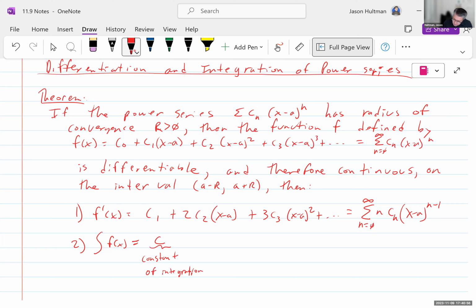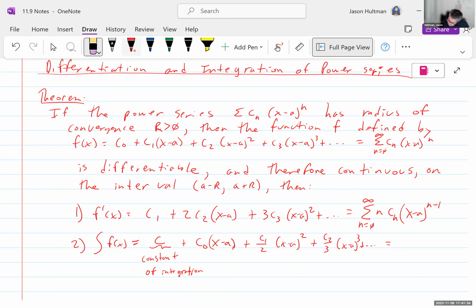It's a constant term, plus c naught times (x minus a), plus c1 over 2 times (x minus a) squared, plus c2 over 3 times (x minus a) cubed, plus dot dot dot, equals summation.